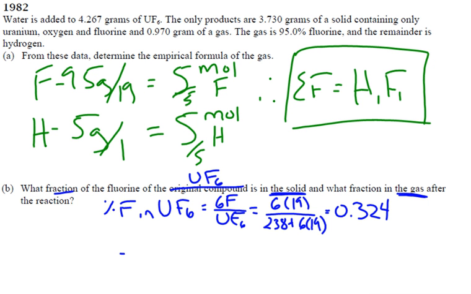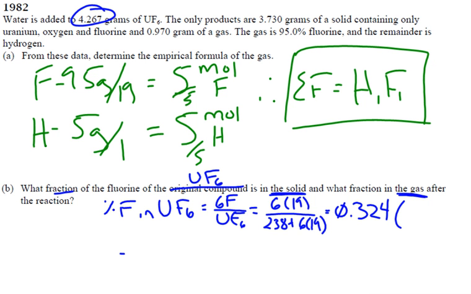All right, so how much did we originally have to work with? Well, we know that the original sample was 4.267 grams of uranium hexafluoride, and 32% of it is fluorine. So how much fluorine did we have originally?